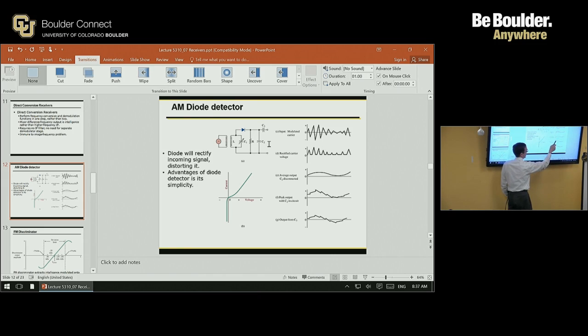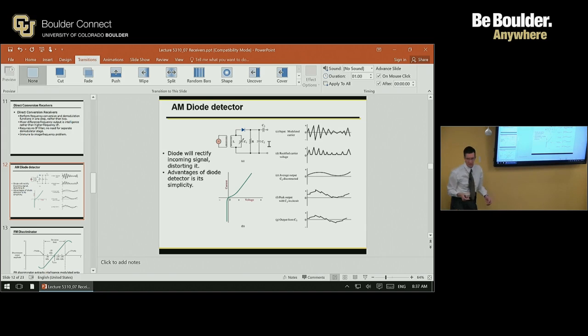Then you have to take the DC bias out of it, which is this capacitor here. So in an AM radio, the simple detector is this diode. It's really simple, that's the advantage. But the fidelity is not all that great because it distorts the signal significantly. So that's the AM detector.